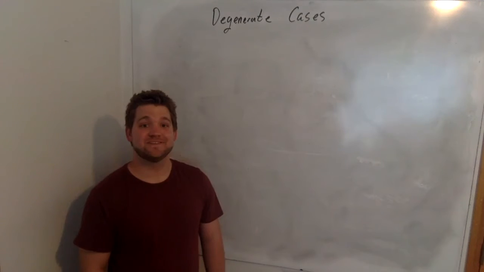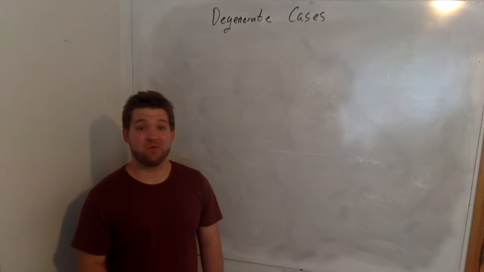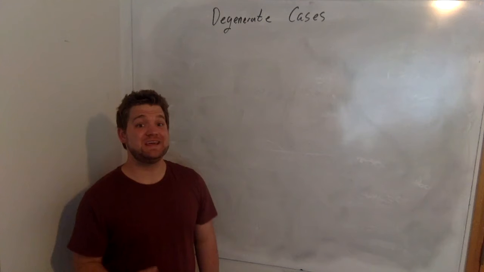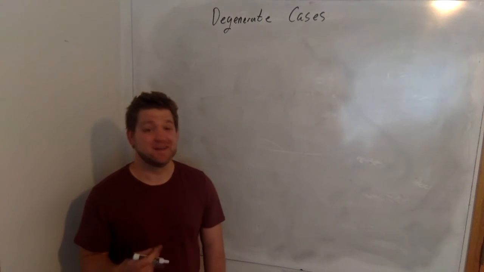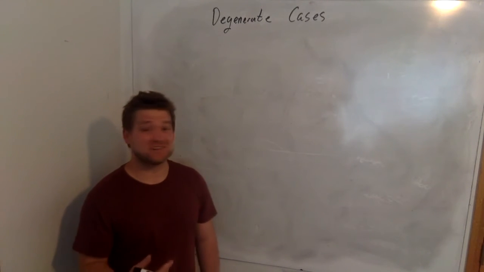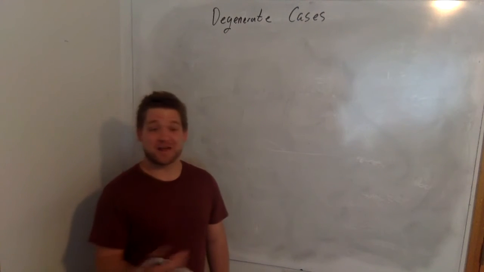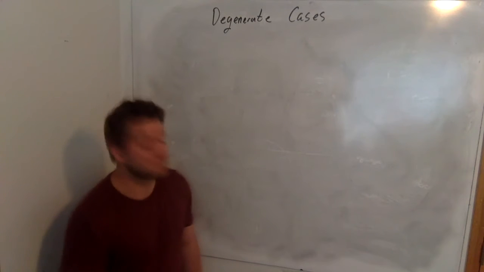Awesome. So it turns out that with the general form of a conic that we put in the beginning of the video, there are actually 3 degenerate conics that we could get. So 3 things that could possibly show up that are not ellipses, parabolas, hyperbolas, or circles.